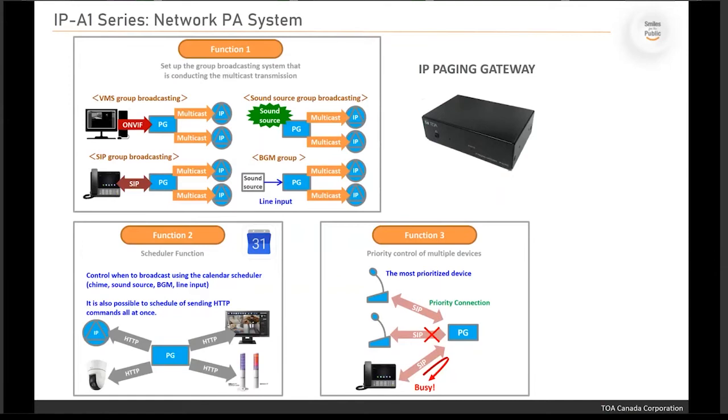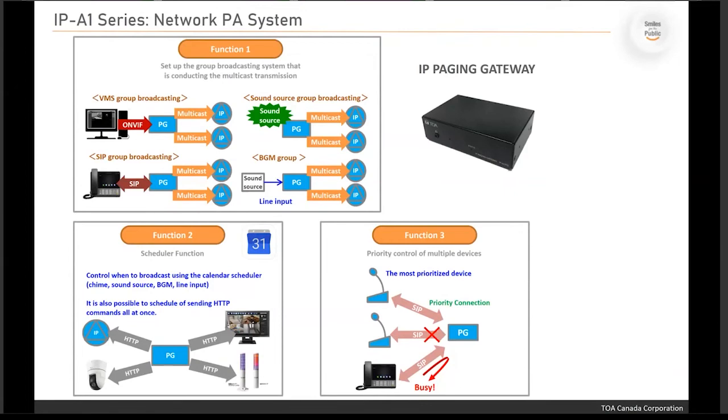The same if we have an internal message built inside the paging gateway, we can transmit it into multicast streaming. Also, if we have a line input connected to the paging gateway as a BGM, we can also convert it into multicast.